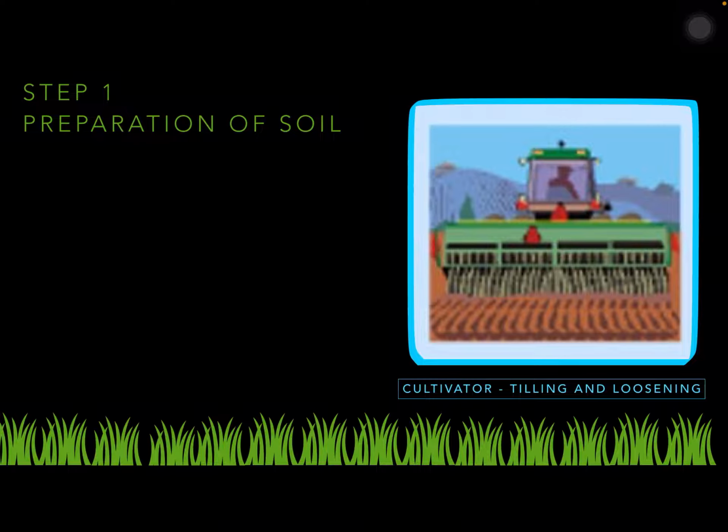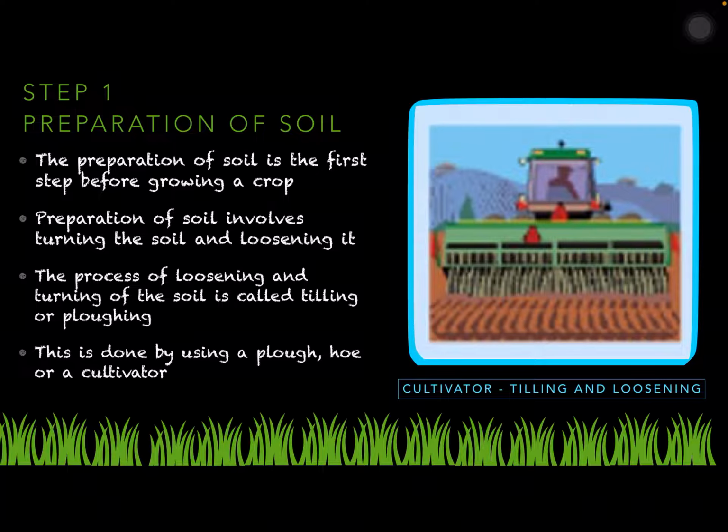The preparation of soil is the first step before growing a crop. Preparation of soil involves turning the soil and loosening it. Turning the soil means bringing the inside layer up, and the layer which is up goes inside. So that's turning the soil. Loosening and turning of the soil is called tilling or plowing.